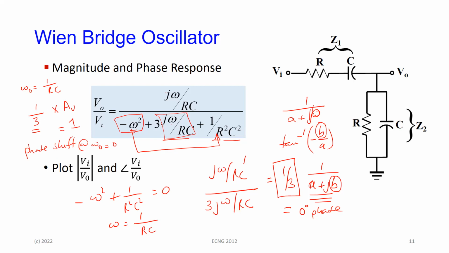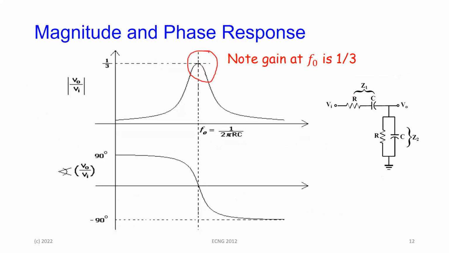If you do that, and this is just a plot of it, if you plot what the system response and the phase angle look like, you notice that as the frequency approaches 1 over RC, as omega approaches that, or f equals 1 over 2 pi RC, doesn't matter, as you get there, the gain becomes a third, and the phase shift becomes 0.